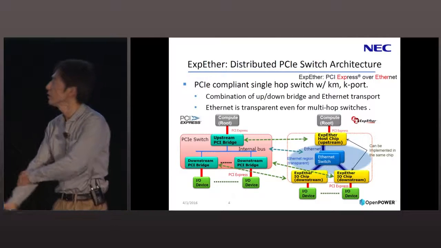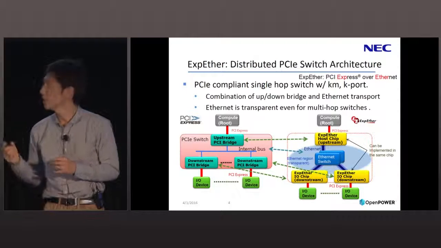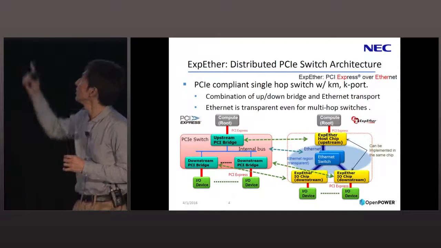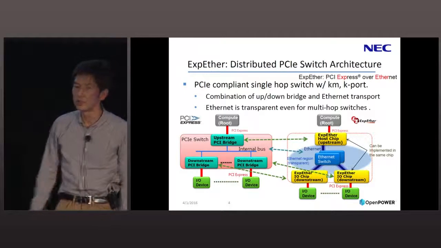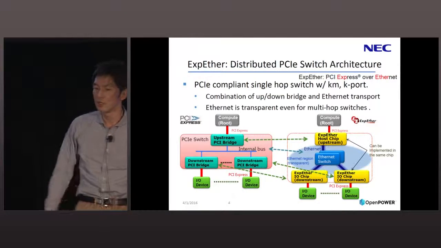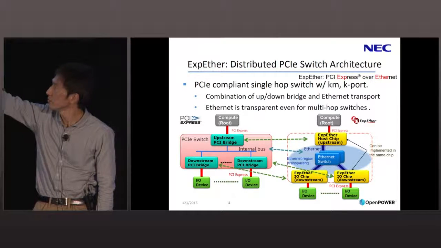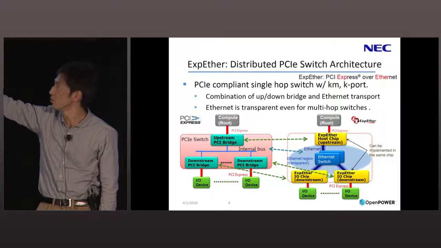Actually, we implemented each PCI bridge into a single chip with Ethernet encapsulating function. That chip is the ExpEther chip. The combination of the ExpEther chip and Ethernet switch is completely equivalent to a standard single-hop PCI Express switch.